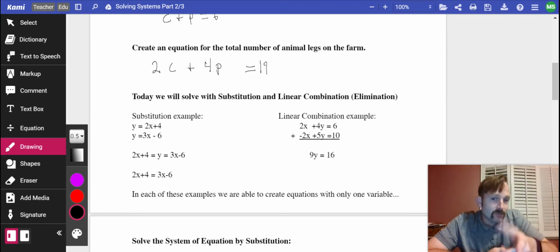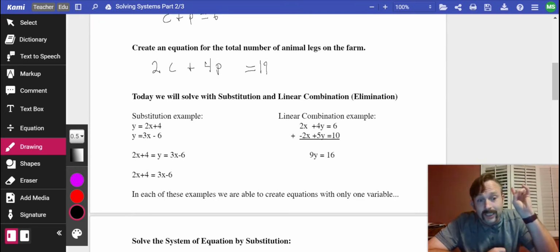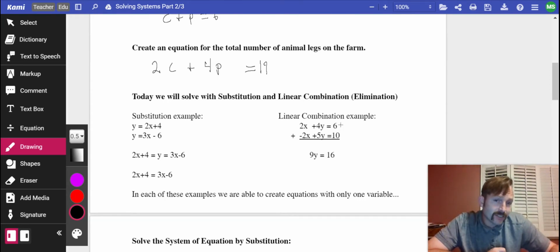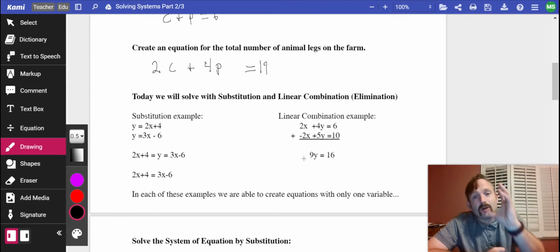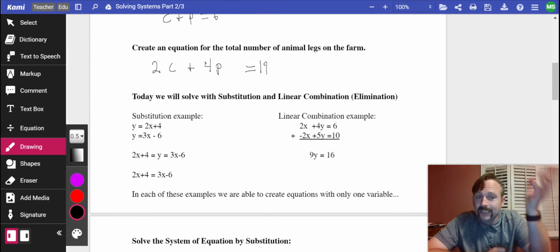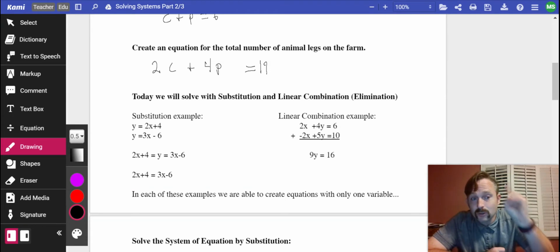In each of these examples, we're able to create equations with only 1 variable. The linear combination method right here, we have 2x, and we're going to add these together. Negative 2x, that's going to give us 0 x's. We can see that we go from x and y variables to only a y variable. So in any situation, we're going to go from 2 variables to 1.